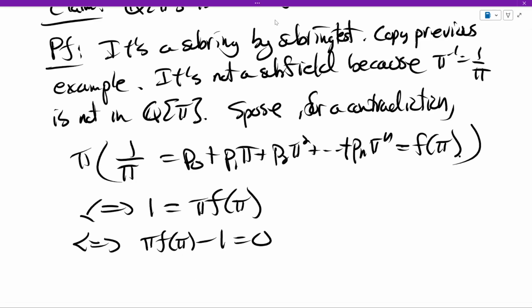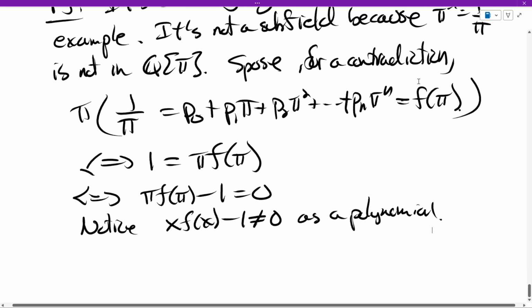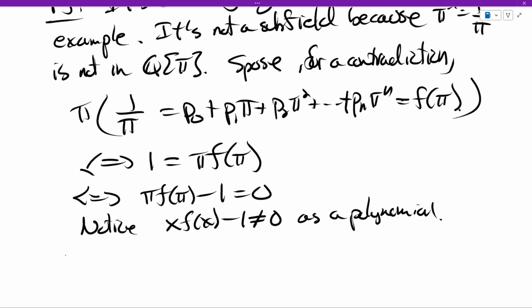Let me just notice that x times f of x minus 1 is not the zero polynomial, because f is at least a constant. And so the degree of x times f of x is at least 1. If I subtract 1 from that, we can't create 0 somehow. So x times f of x minus 1 is a non-zero polynomial, and it has pi as a 0.